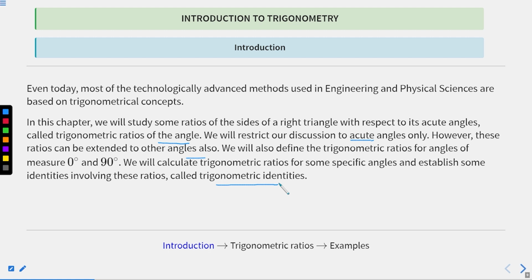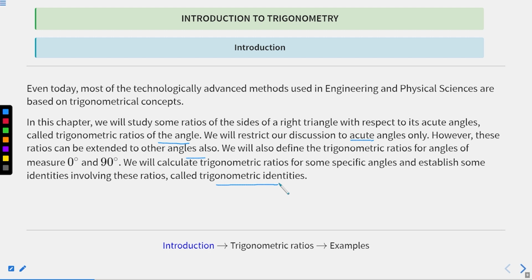So in this chapter, basically, we will study some ratios of the sides of a right triangle with respect to acute angles. We restrict our discussion to acute angles, but it can be extended to other angles like obtuse angles.